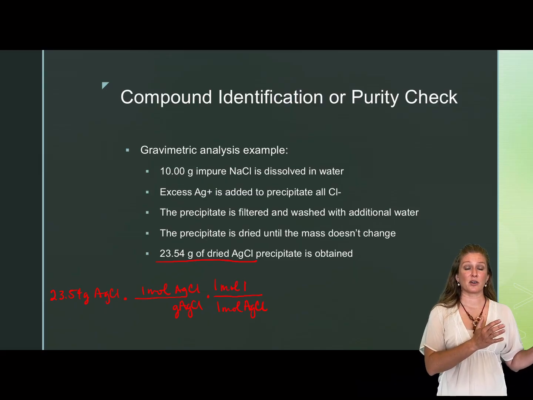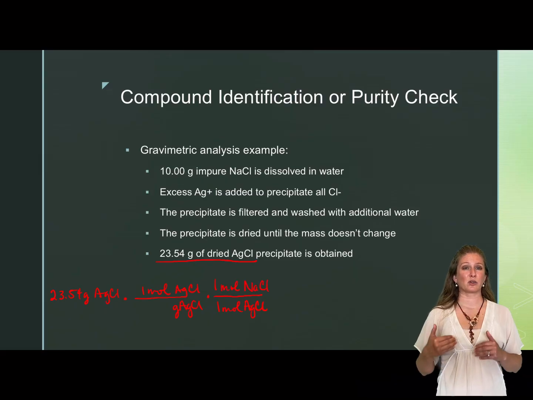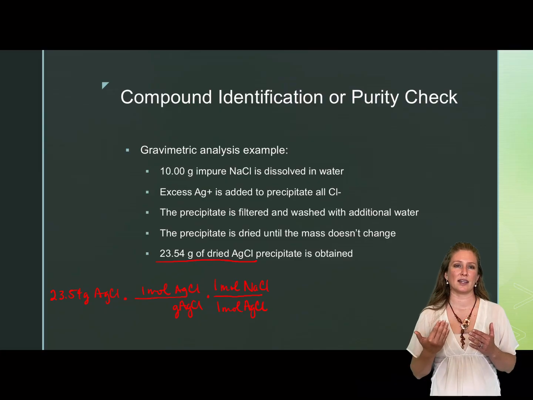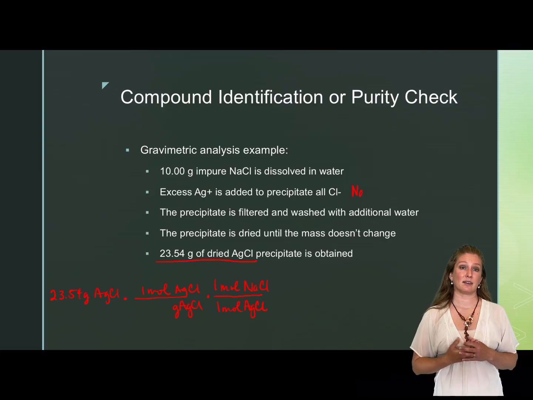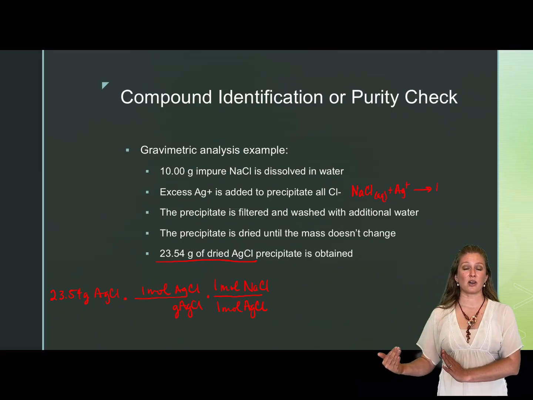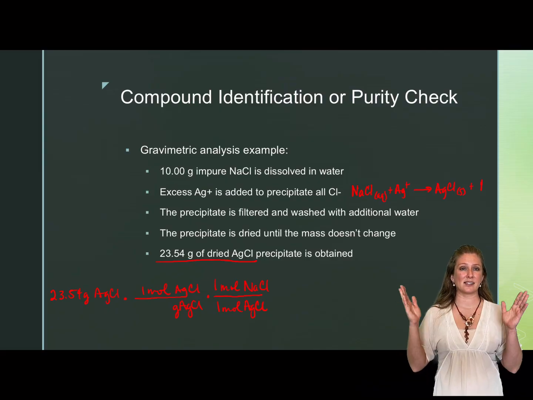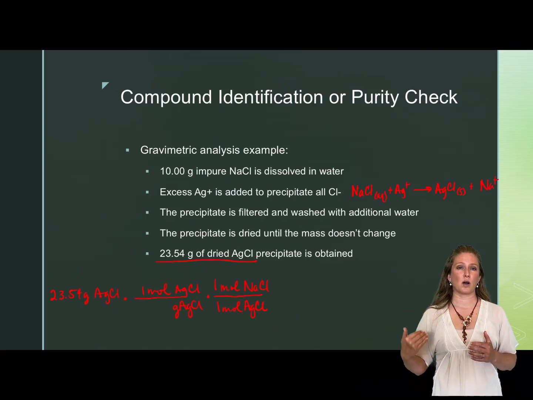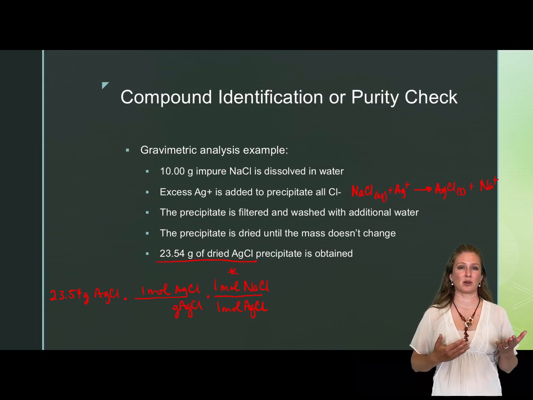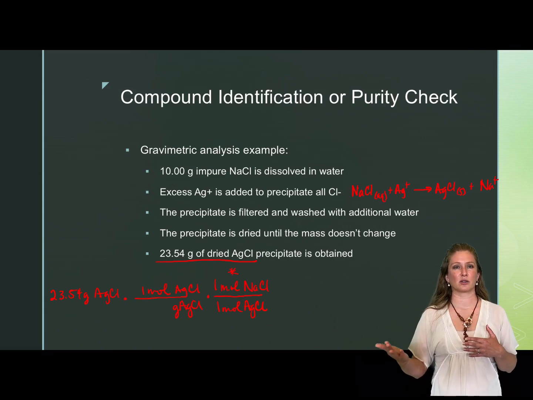Then we can convert from grams of silver chloride to moles of silver chloride by using the molar mass of silver chloride. Next, we convert from silver chloride to sodium chloride by knowing that in the balanced chemical equation, it's a 1-to-1 ratio. For every 1 sodium chloride, we're going to get 1 silver chloride.